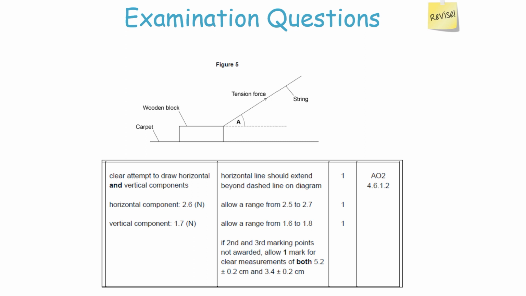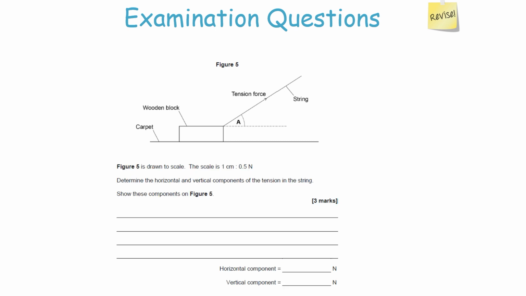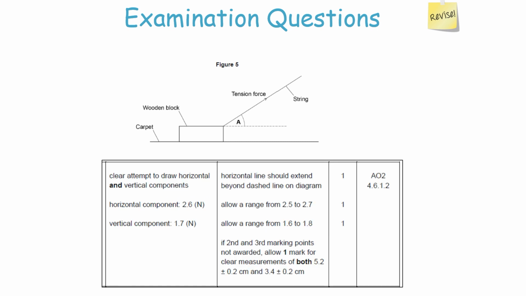You then get your ruler and you measure the length of each one, and then you use your scale factor of 1 centimetre equals 0.5 newtons to convert those values back into newtons to get an answer for the horizontal component to be 26 newtons and the vertical component to be 1.7 newtons.